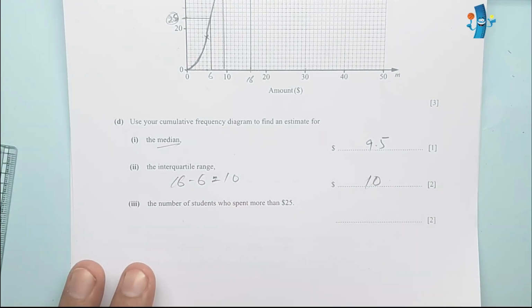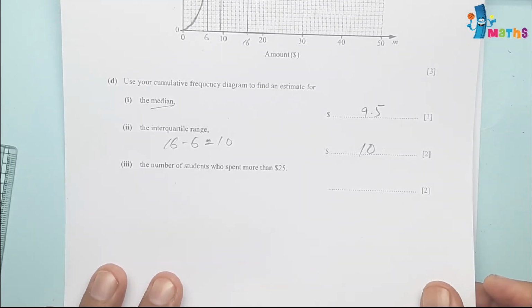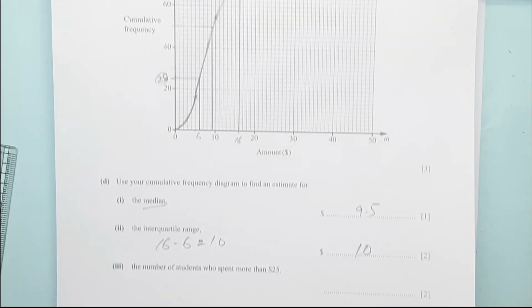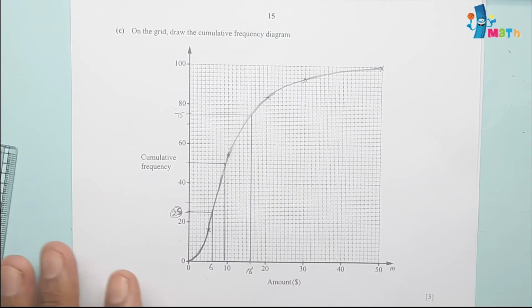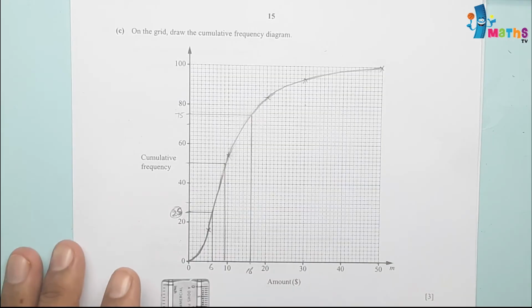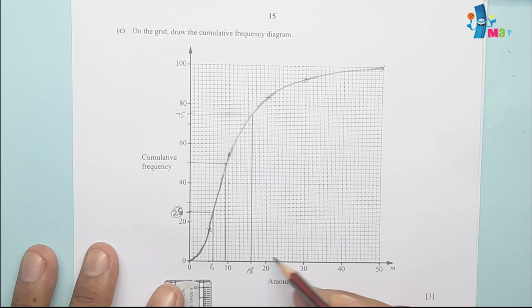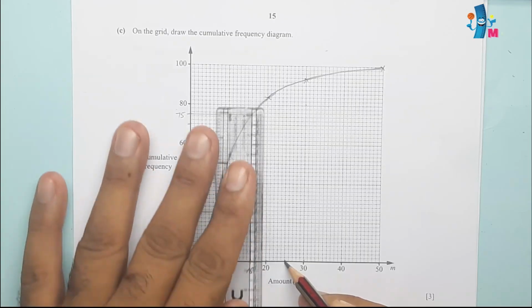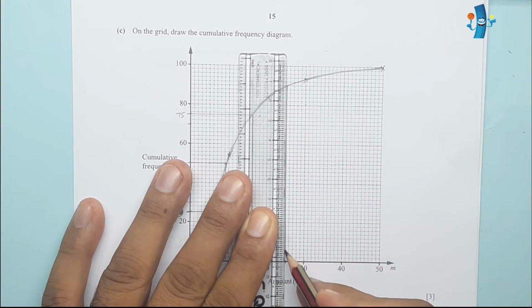Then the number of students who spend more than $25. More than $25, we can check from here. More than 25. So this is 20, this is 30, so the middle will be 1, 2, 3, 4 and 5. This is $25, so we can check reference from here.